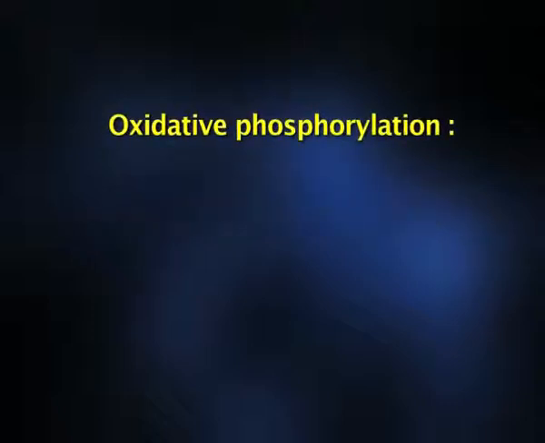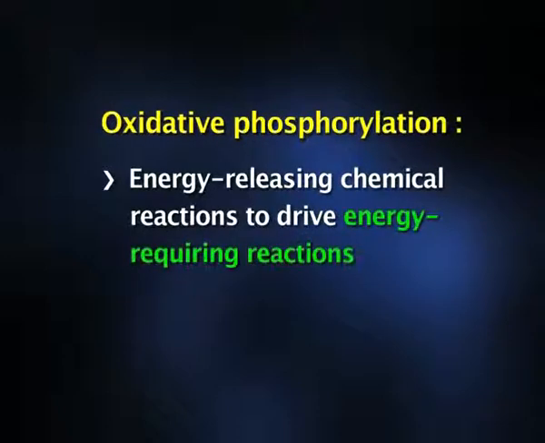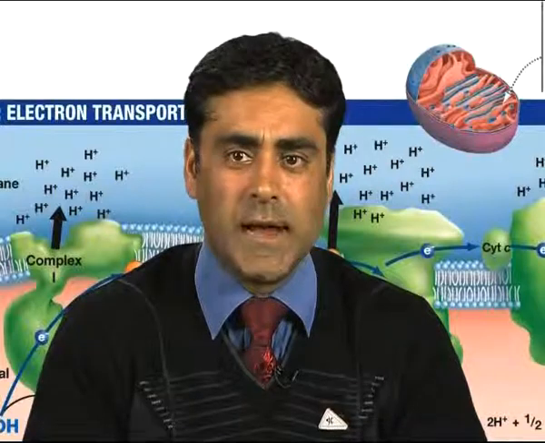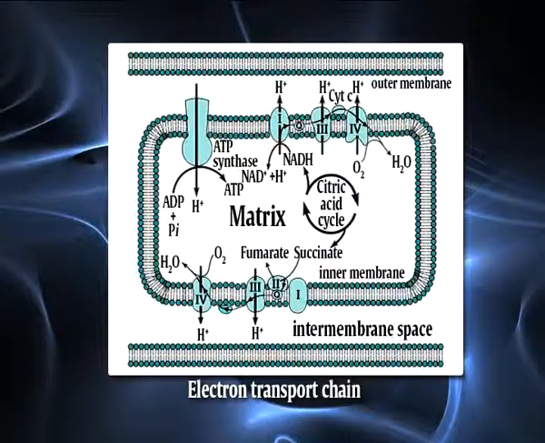Oxidative phosphorylation works by using energy-releasing chemical reactions to drive energy-requiring reactions. The two sets of reactions are said to be coupled. This means one cannot occur without the other. The flow of electrons through the electron transport chain from electron donors such as NADH to electron acceptors such as oxygen is an exergonic process.